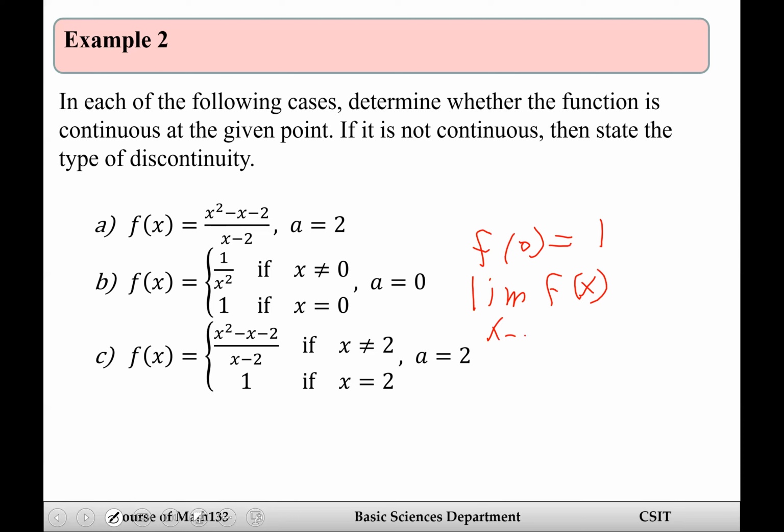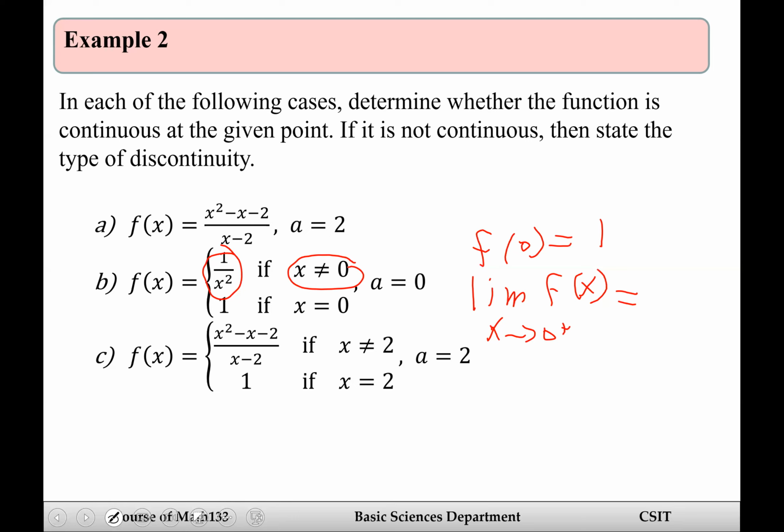So x approaches 0 plus, this is f of x for 0 plus, and by the way, for 0 plus and 0 minus we take the same expression, since x different than 0 contains the 0 plus and contains the 0 minus.